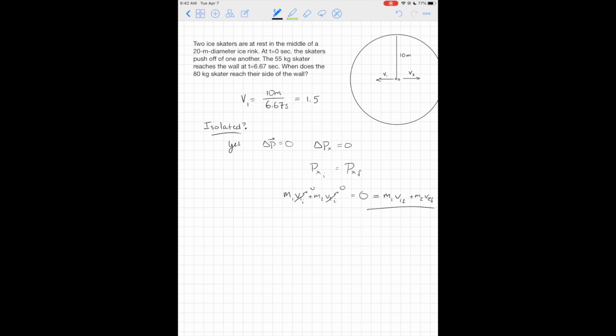I want to say something about v2f so I can talk about how long it takes this skater to reach their side of the wall. So negative m1 v1 on one side equals m2 v2. I'm going to drop the f's for now, but they are the final velocities. Then divide by m2 on both sides.